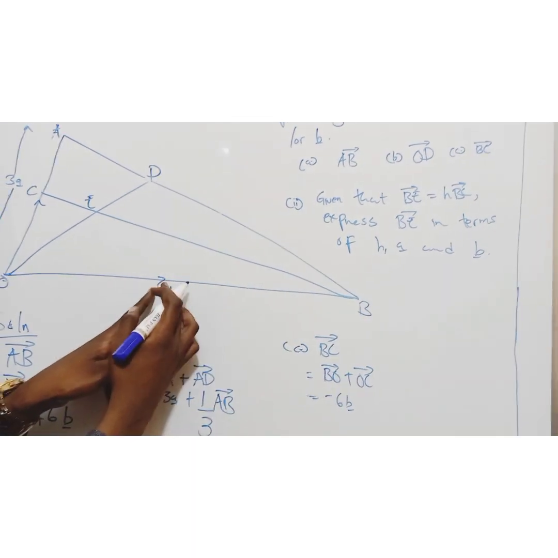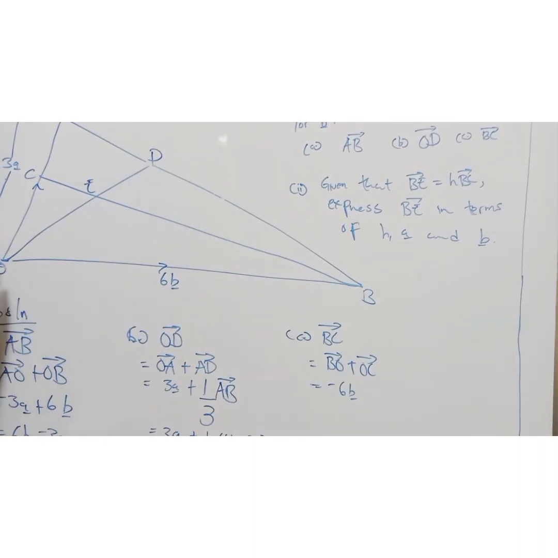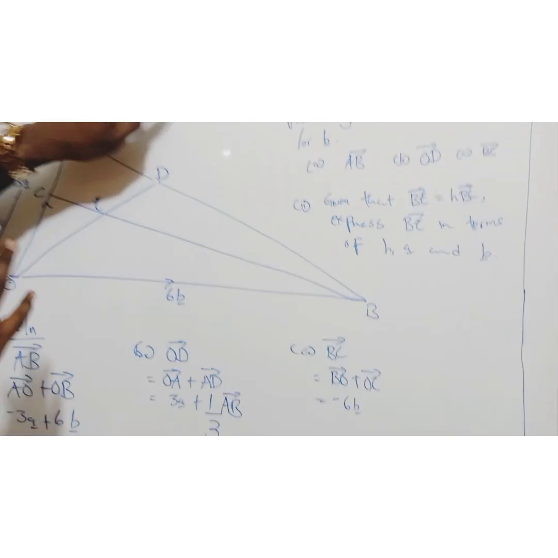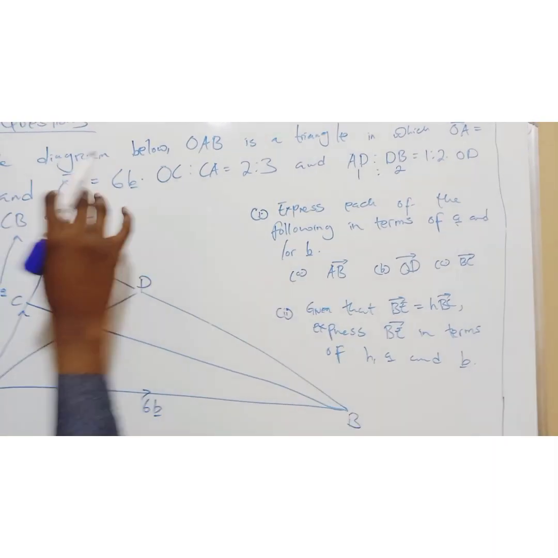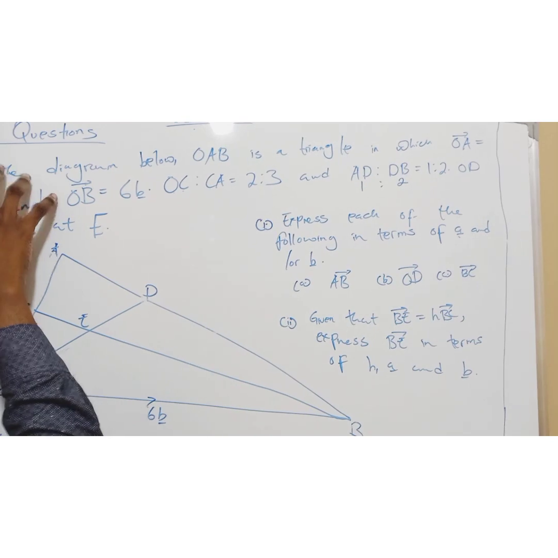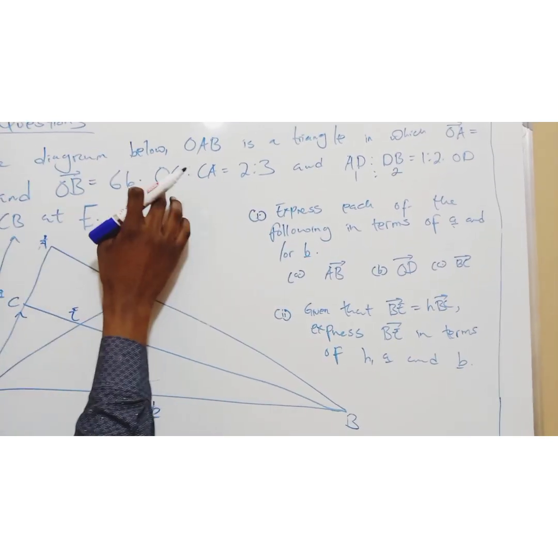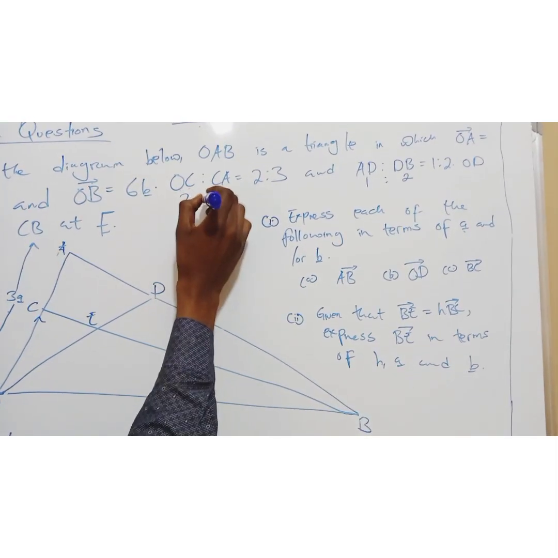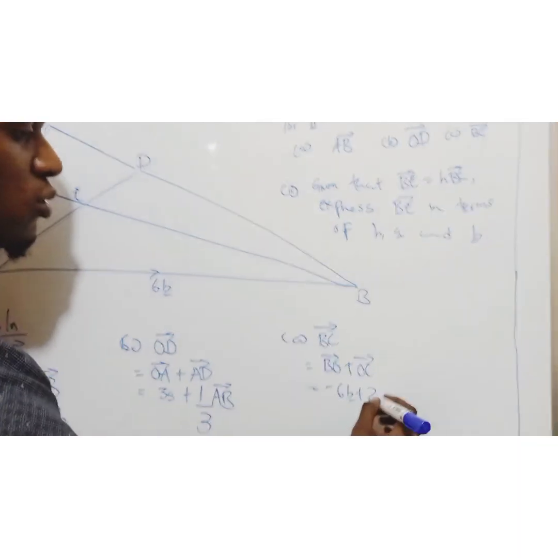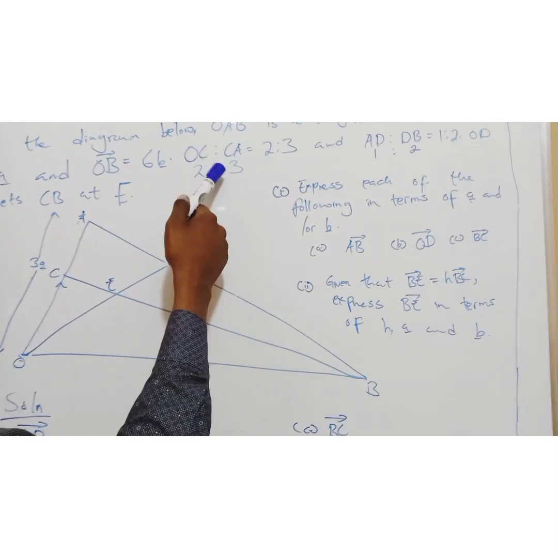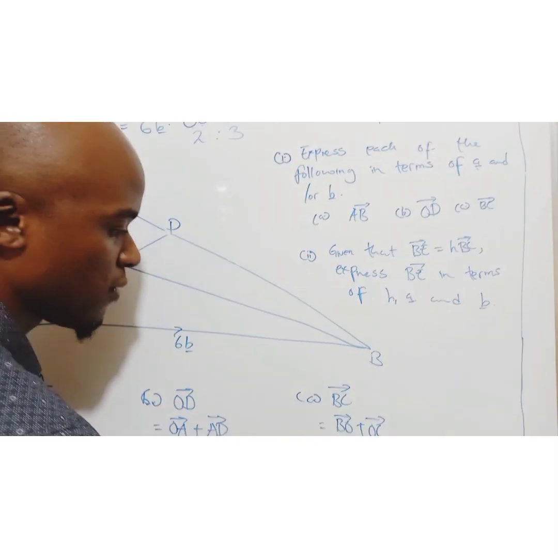It's going against the arrow. Then what is OC? I said answers are in the question. So come here. You see this OC? So always cross-check. Is this in this question like OC? So OC is here. It's 2 to 3. So OC is 2. So we're going to say plus 2. Then you add 2 plus 3, which is 5.